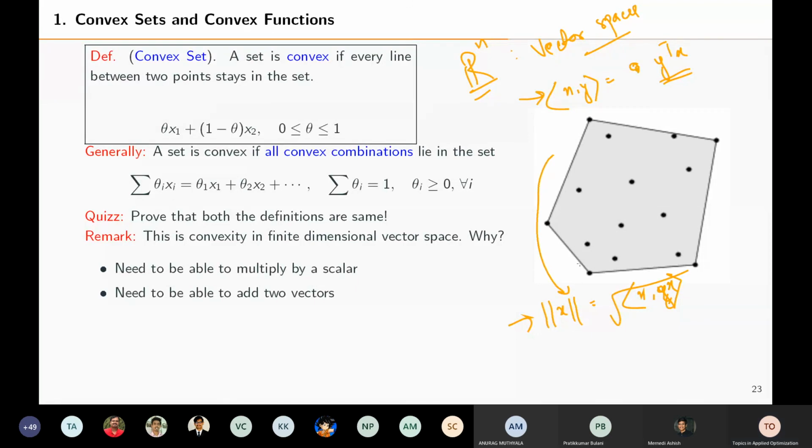Inner product does give you a norm, but not all norms come from an inner product. And why do we need a norm? Norm gives the concept of a length. So norm plays a very important role. We will see this in the upcoming classes.